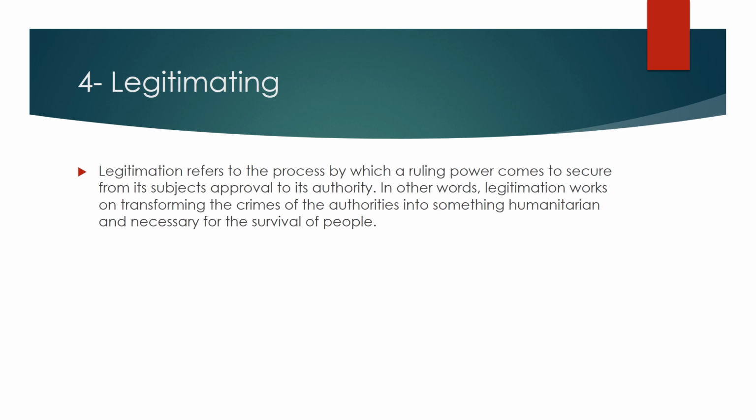According to Terry Eagleton, legitimation or legitimization is a process by which the rulers keep ruling people. They try to have the approval, the consent of their subjects to continue ruling people and to stay on their thrones, okay, and to exercise their authority over people.